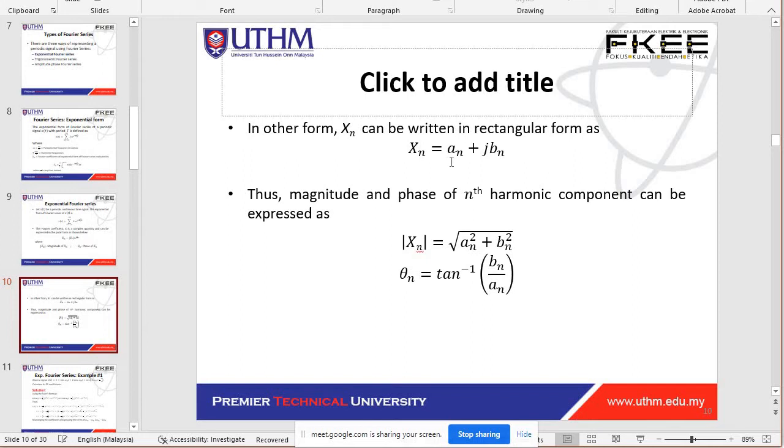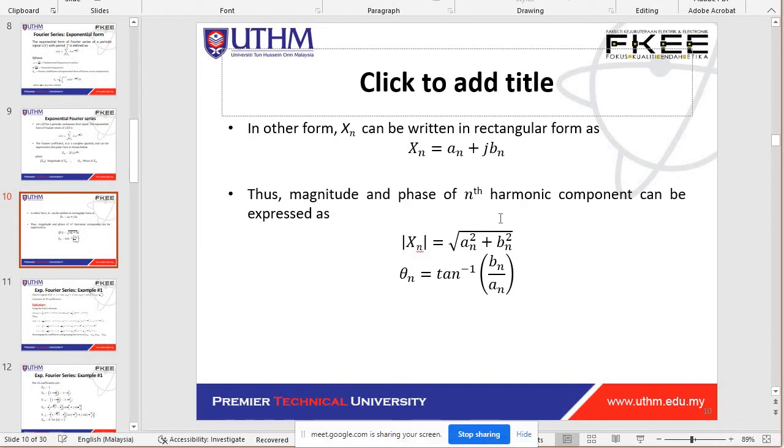If you are given a complex number, you can find the magnitude and phase via this formula: the square root of a_n squared plus b_n squared gives the modulus of X_n, and the phase is the inverse tangent of b_n over a_n. So don't forget this formula, you need to remember it.